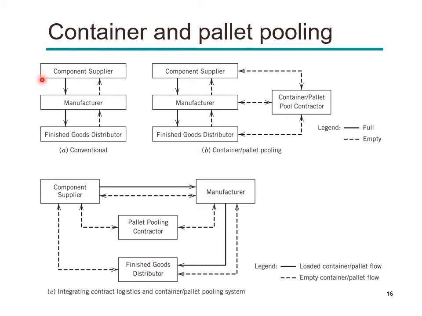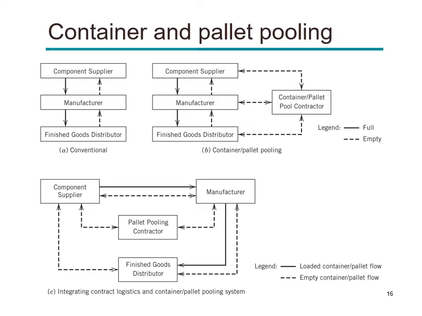So there's a hierarchy here. The component supplier sends full load pallets to the manufacturer, and the manufacturer uses those raw materials and sends the empty pallets and containers back to the component suppliers.